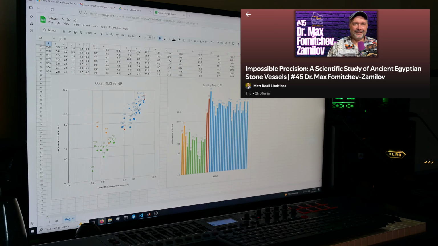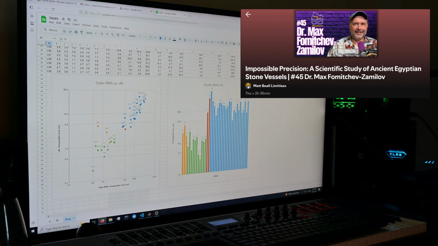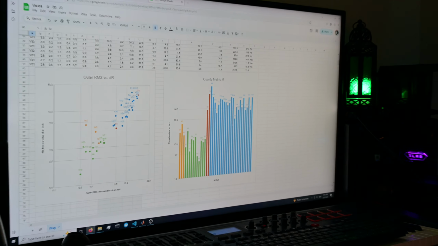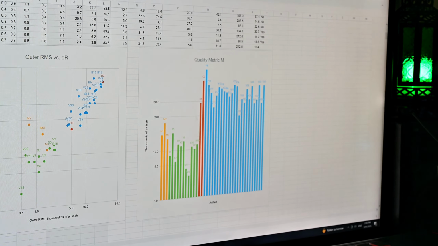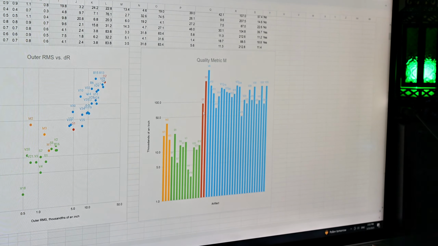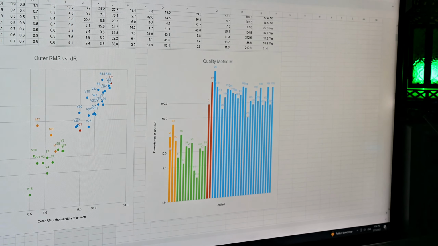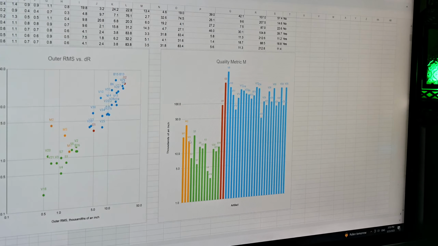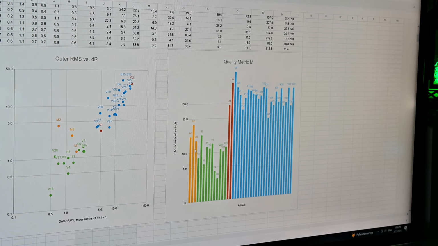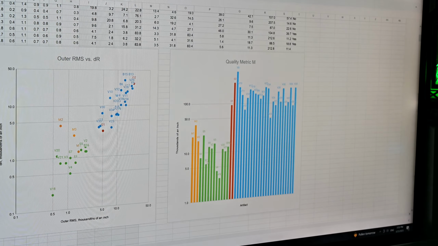Here we see the precise artifacts colored in green and imprecise colored in blue, and red are the two handmade vases made by Olga Vdovina, and the orange bars correspond to the modern-day artifacts that I purchased off eBay to compare against modern technology.